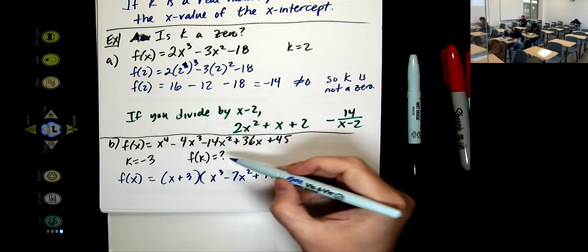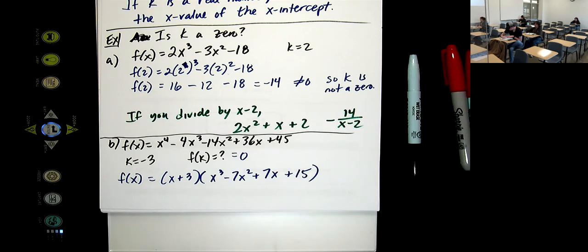You should get 0 when you do it. Just be careful with the signs and the exponents because it is a negative value that you're doing.